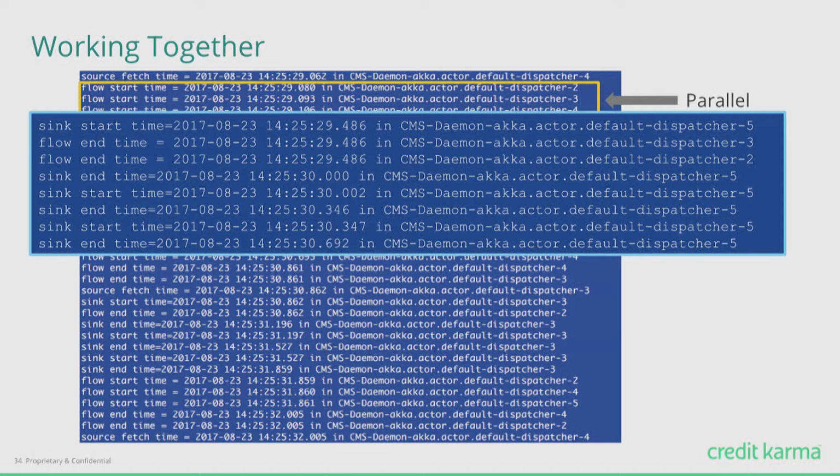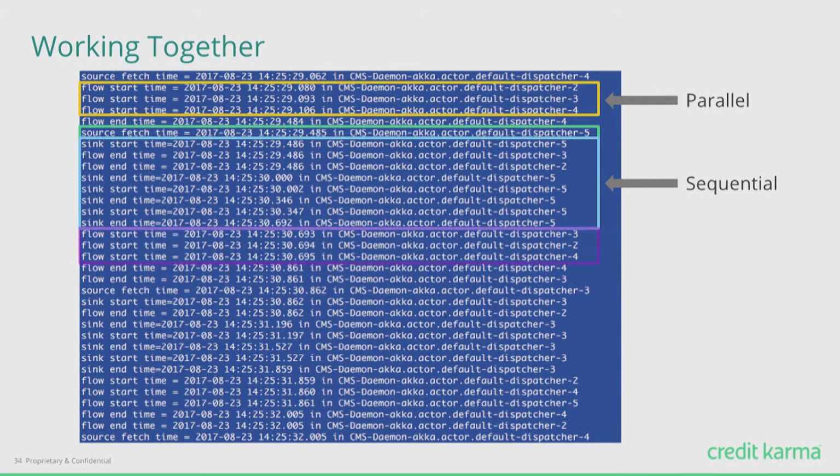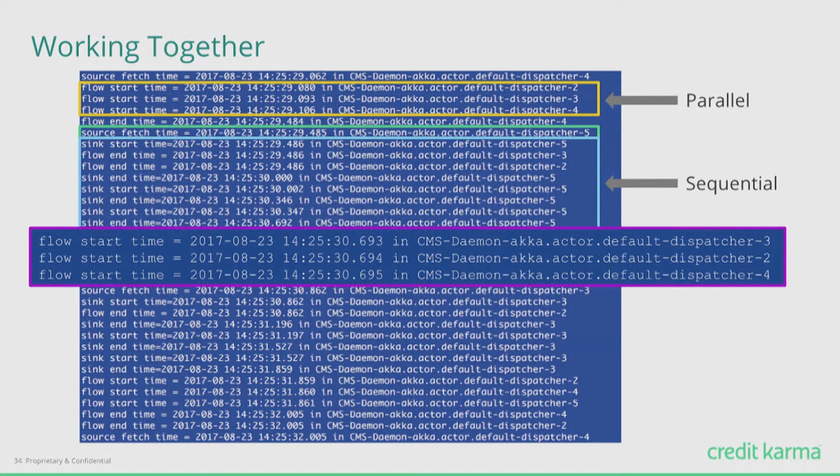It's really sequential, and it's all done in a single thread. After the previous group is finished, then the second group will start by the sink. And only after the sink finished syncing all the groups it has from the previous flow, then the next batch of flow starts concurrently.